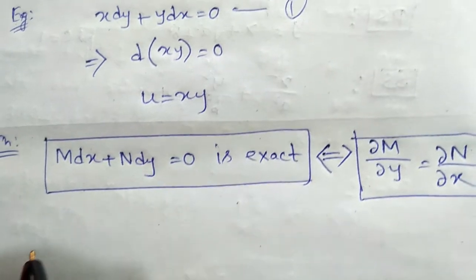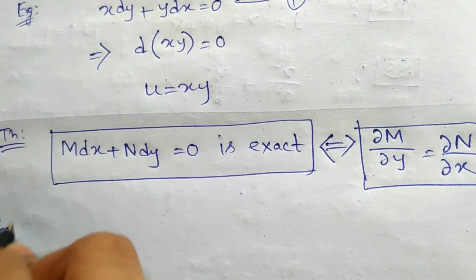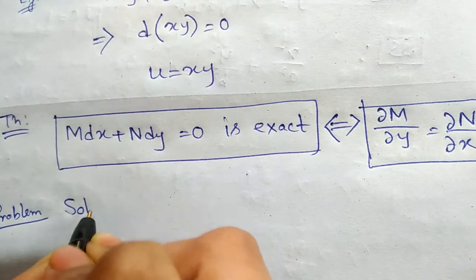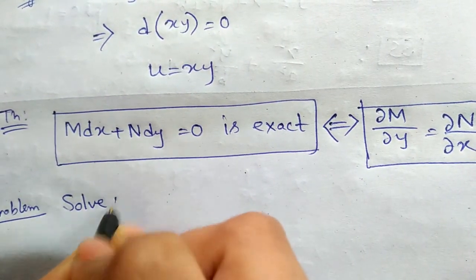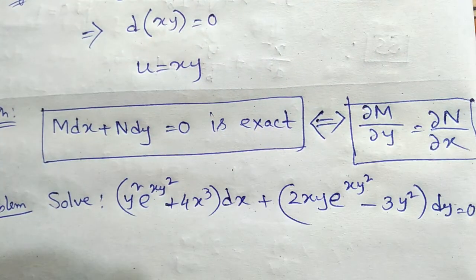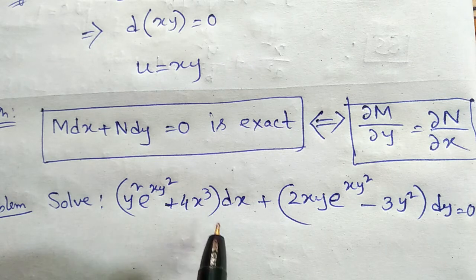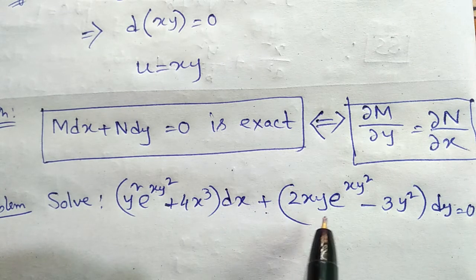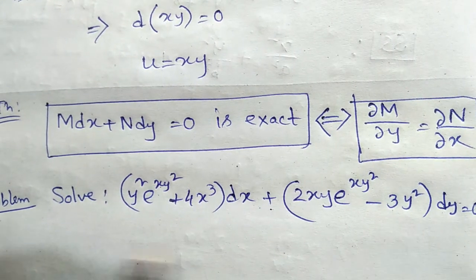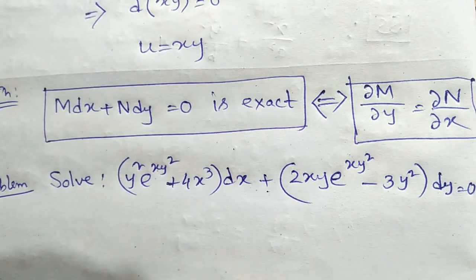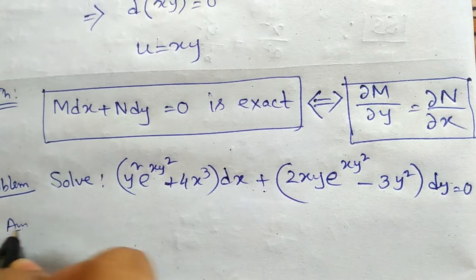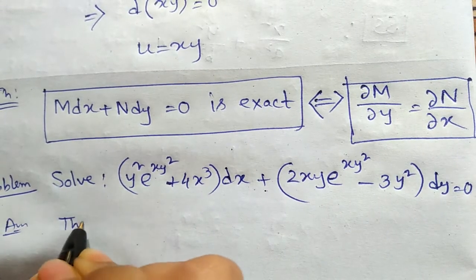So coming to a problem. Solve the ODE (y squared e to the power xy squared plus 4x cubed) dx plus (2xy e to the power xy squared minus 3y squared) dy equal to 0. So this is our given ODE.